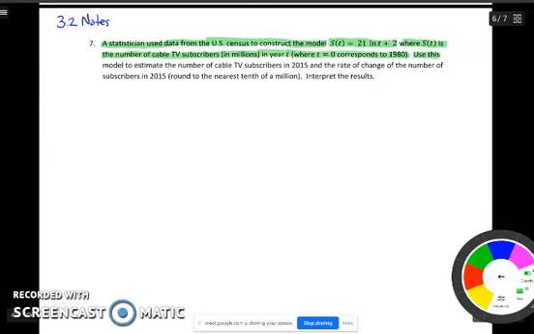We're supposed to use this model to estimate the number of cable TV subscribers in 2015 and the rate of change of the number of subscribers in 2015 to the nearest tenth of a million and interpret the results.